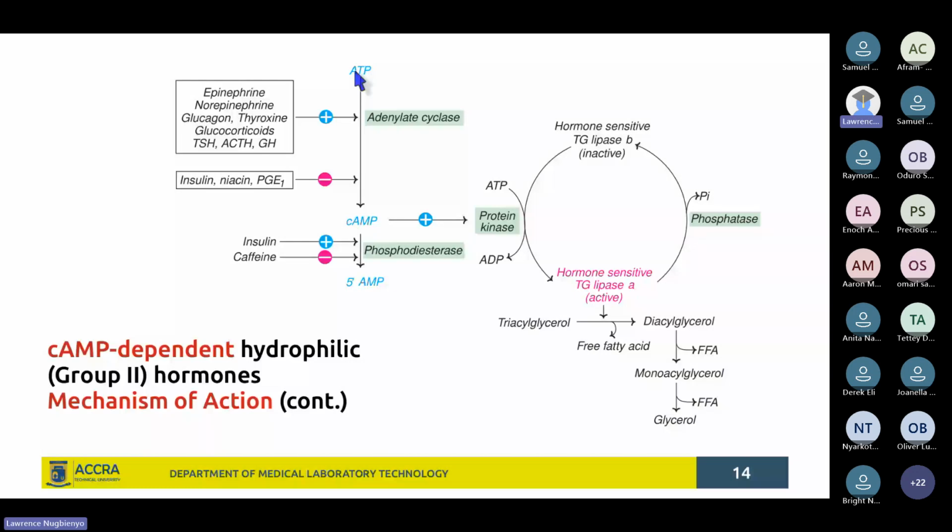And you also see that insulin activates the decyclization of the cyclic adenosine monophosphate. So it converts that cyclic adenosine monophosphate into 5' adenosine monophosphate, into its straight chain form.